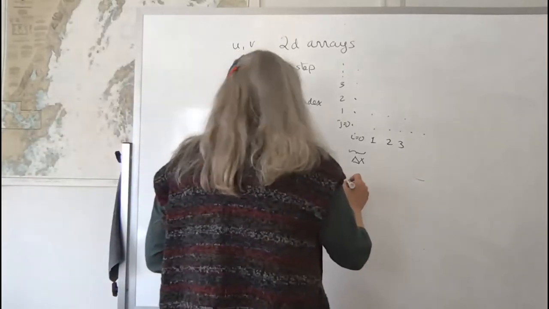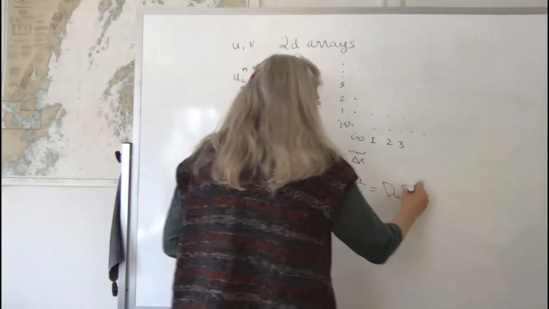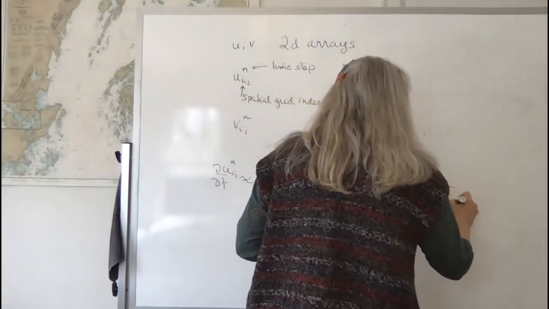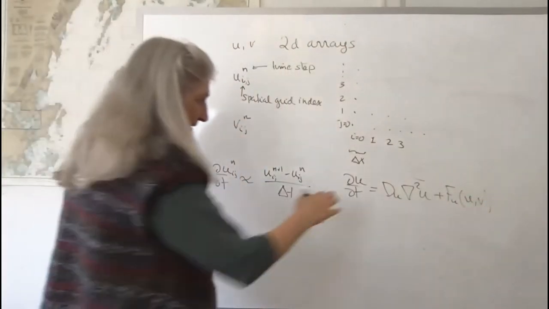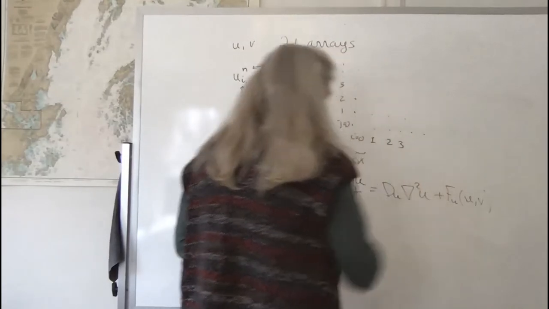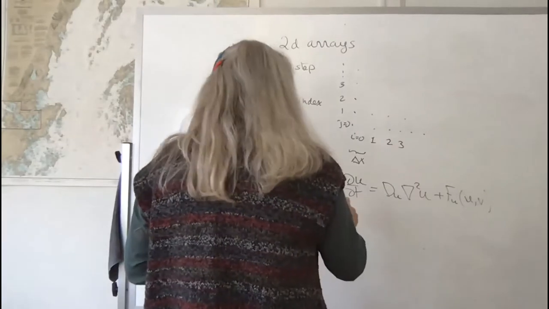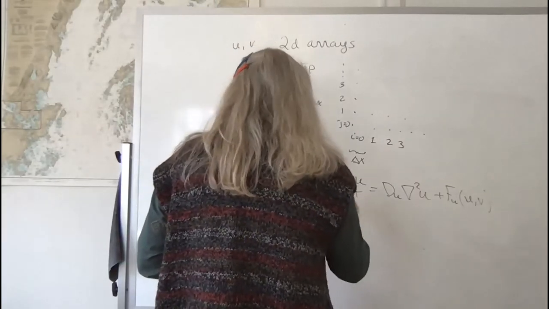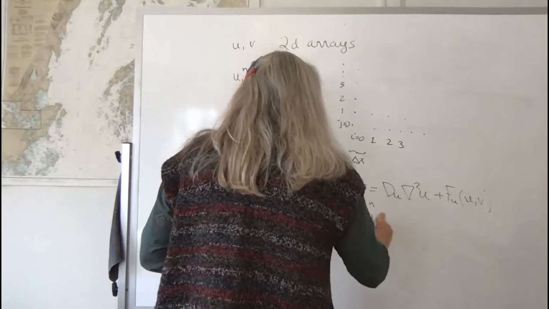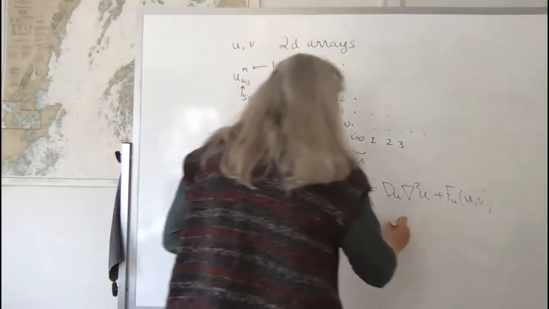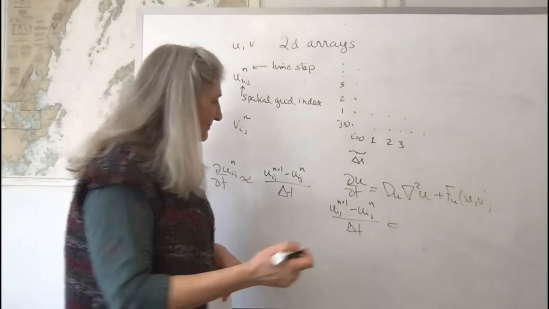So our equation looks like this: du/dt is equal to D_u del squared u plus f_u of u comma v. So all of the stuff on the right, there's no update in time. So I can put here u_ij of n plus 1 minus u_ij of n over delta t on the left. And then this is all going to be stuff that depends on the current time.